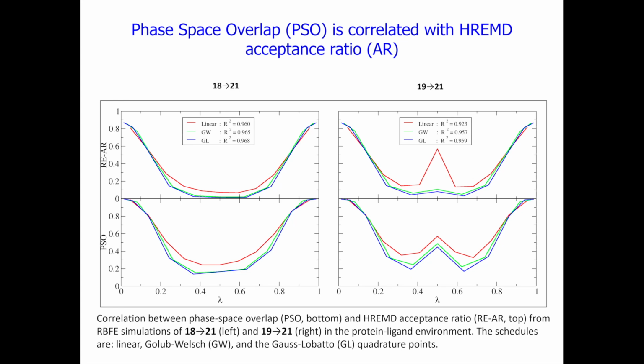GW and GL are both using so-called Gaussian quadrature to decide where to place the lambda points in order to improve the numerical integration when you end up integrating it using thermodynamic integration. The only point of this slide is to demonstrate in the top row what we see are what are called the Hamiltonian replica exchange acceptance ratios.